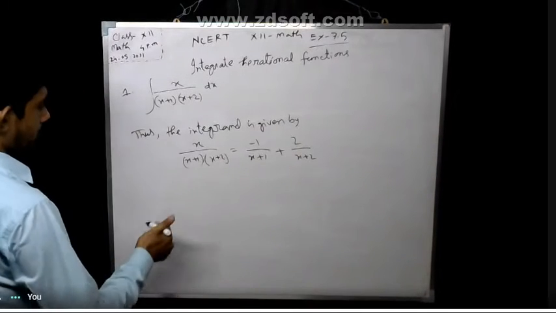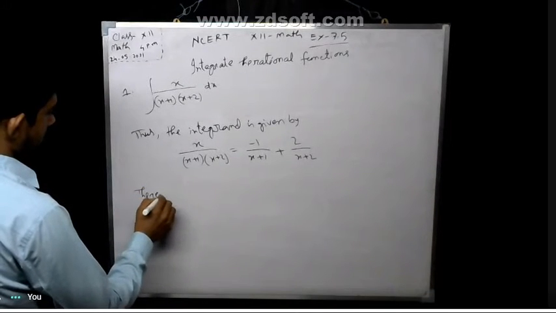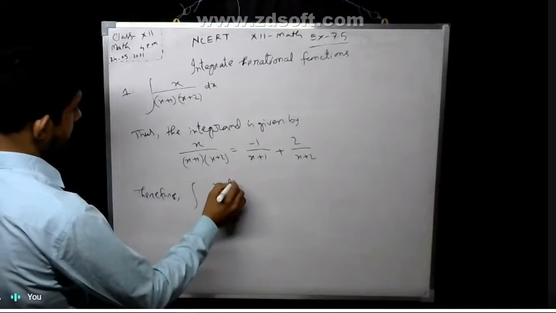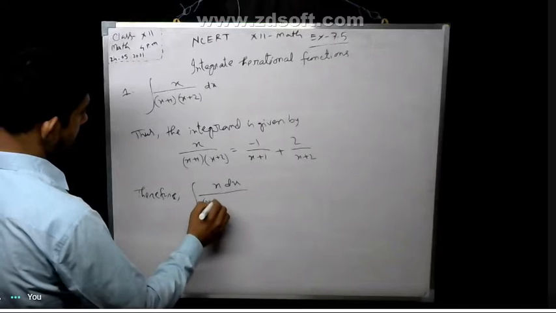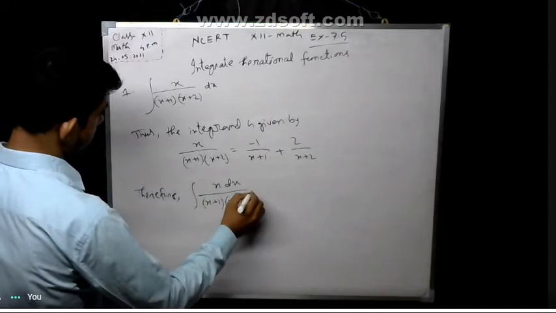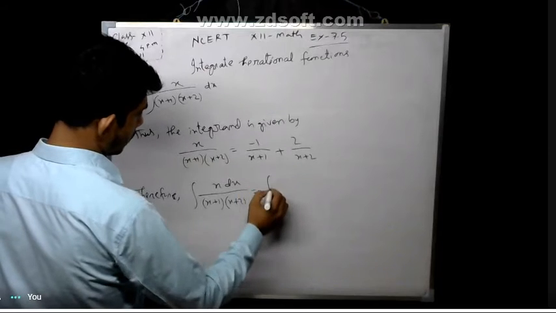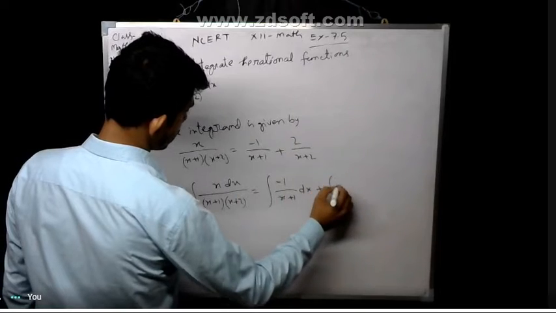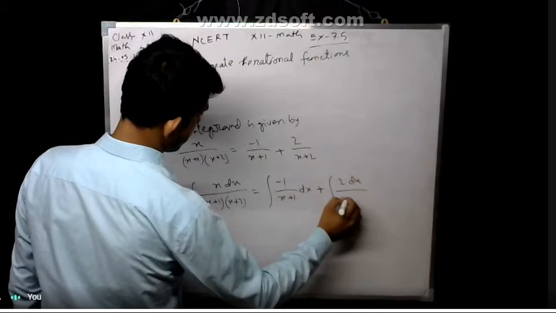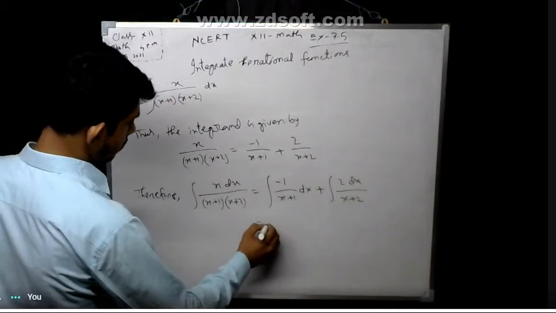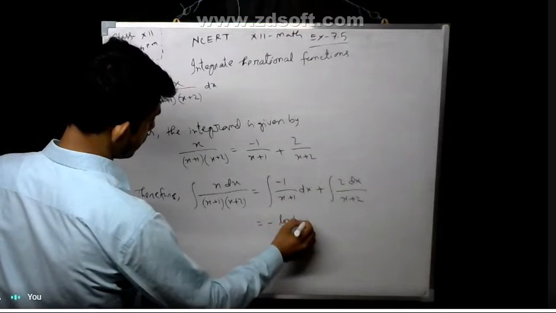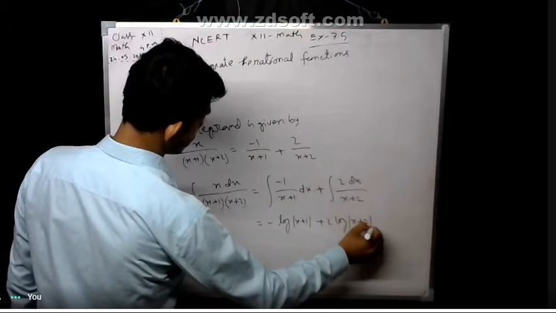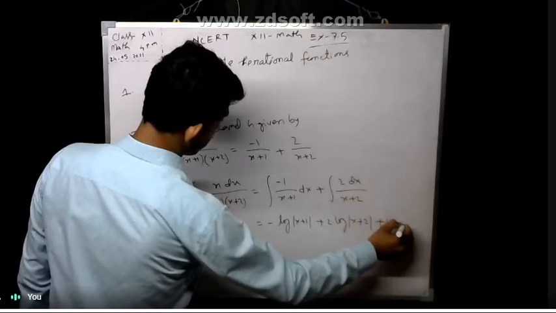Therefore, the integration of x dx by x plus 1 into x plus 2 equals minus 1 by x plus 1 dx plus 2 dx by x plus 2, which equals minus log of x plus 1 plus 2 into log of x plus 2, plus we can write log c.